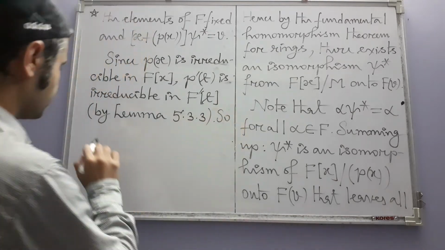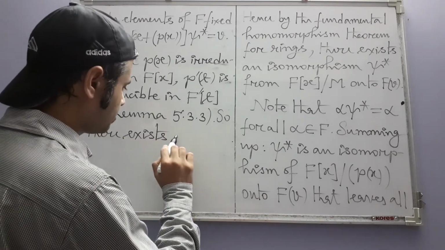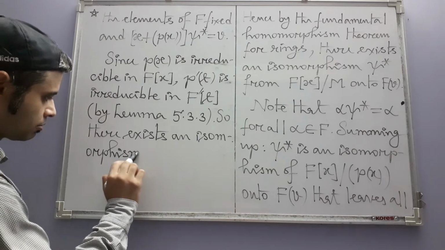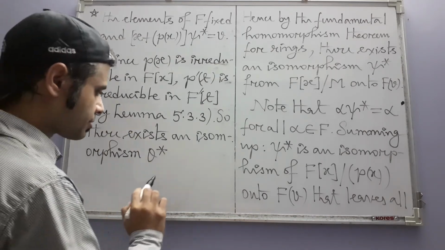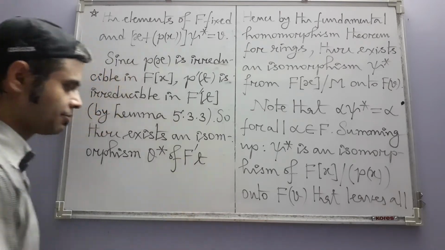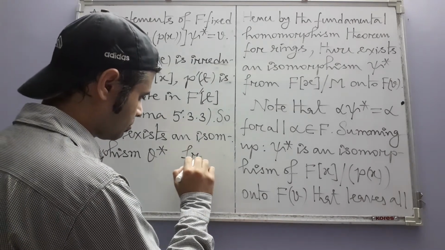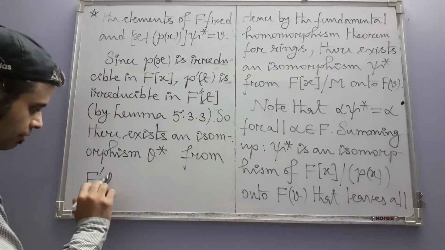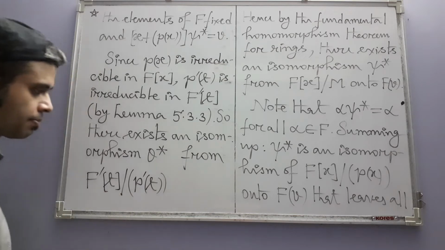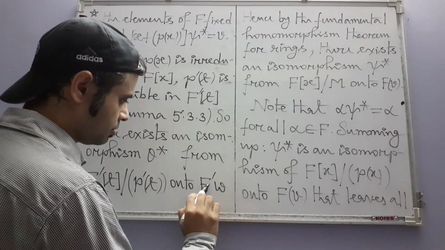So there exists an isomorphism theta star from F'[t] quotiented by the principal ideal generated by p'(t) onto F'(w).